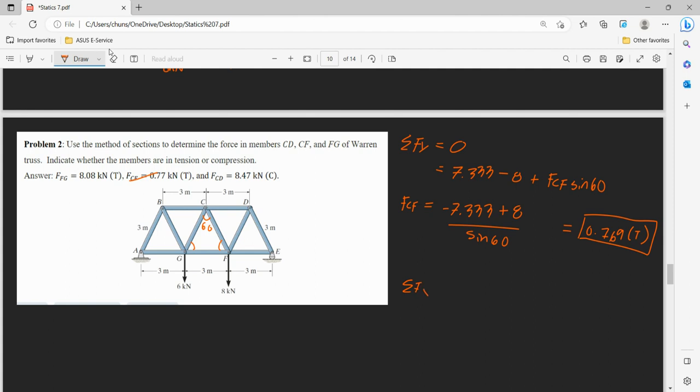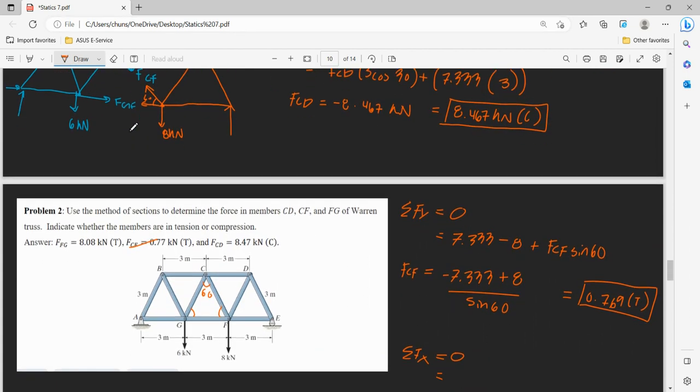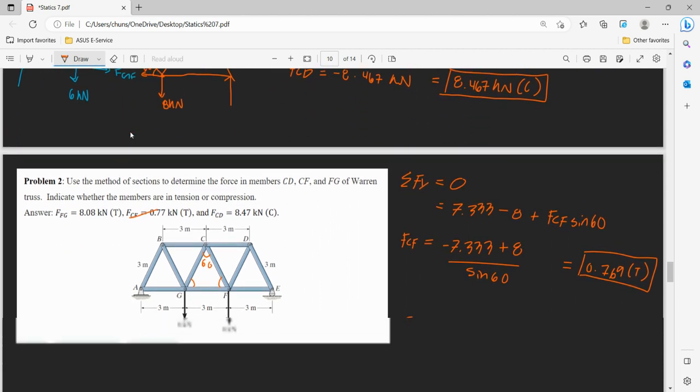And finally, we will solve for FG. So we have FGF in our negative direction minus our FCF in a negative direction, which is cos 60, and then minus our FCD.